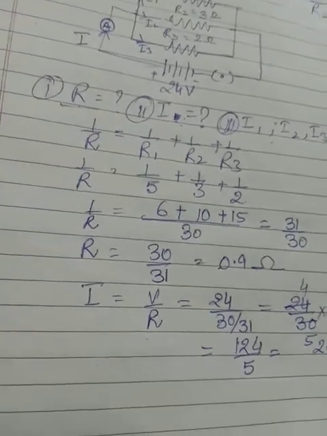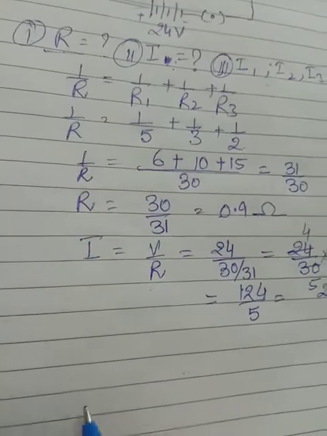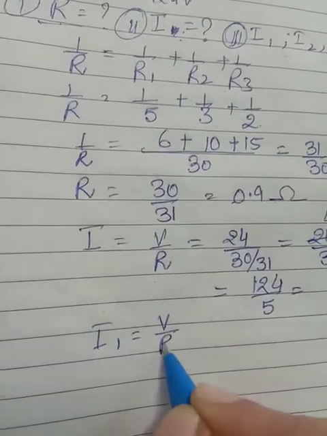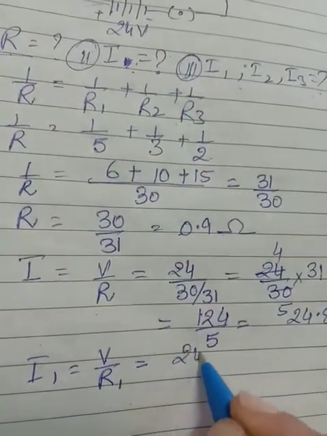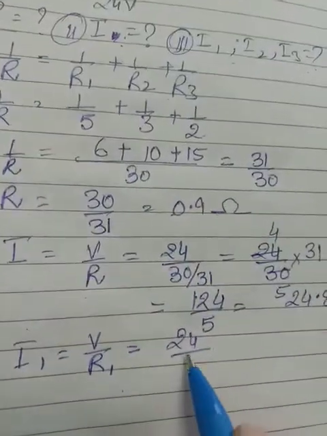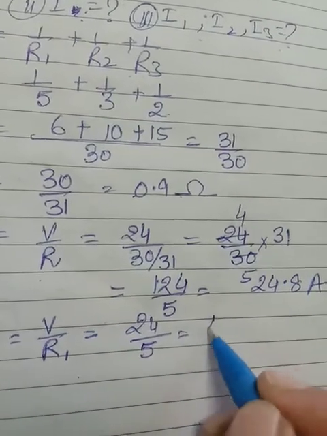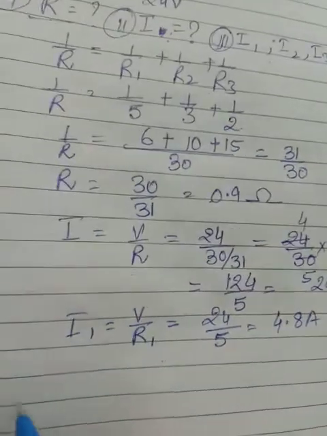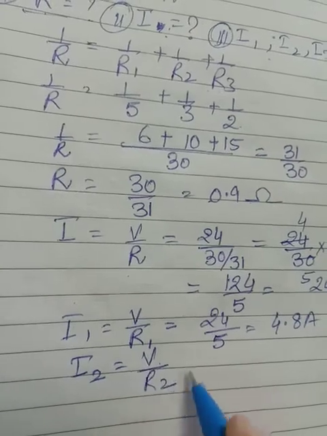Now we have to find the values of I1, I2 and I3. I1 is V upon R1. The total potential is 24 and R1 is 5 ohm, so it comes out to be 4.8 ampere. Now I2 is V upon R2.